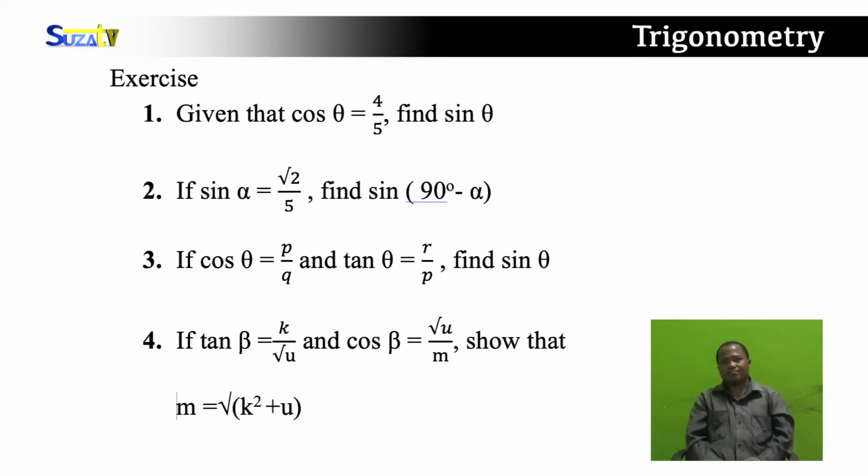Question number 3, if cos theta is equal to P/Q and tan theta is equal to R/P, find sine theta. And question number 4 says, if tan beta is equal to K over square root of U and cos beta is equal to square root of U over m, show that m is equal to square root of K squared plus U.